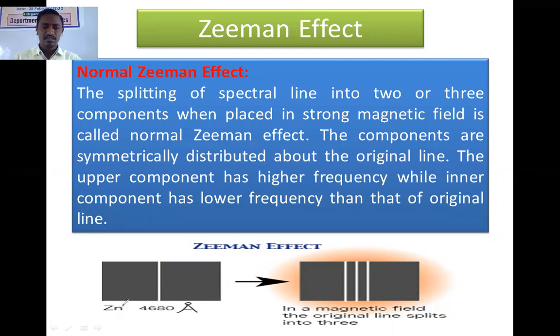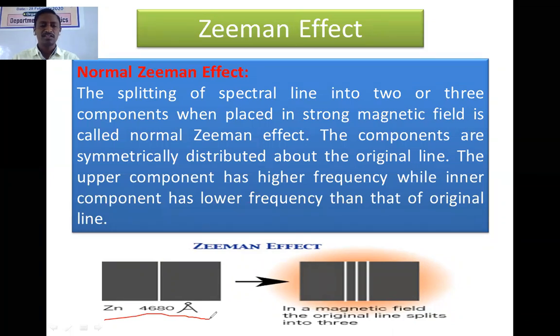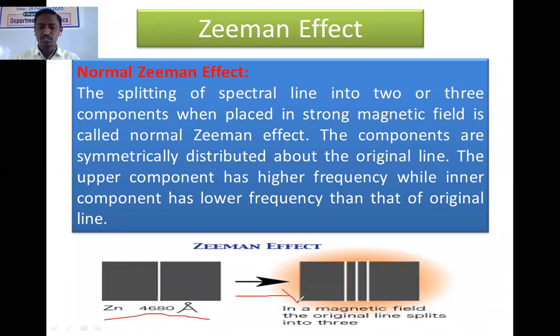Here the first figure, where Zn denotes zinc and having a wavelength of 4680 angstrom, is a single spectral line of zinc in the absence of magnetic field. Then whenever this source of light containing a single spectral line is placed in a very strong magnetic field, the single line is found to be split up into three component lines.